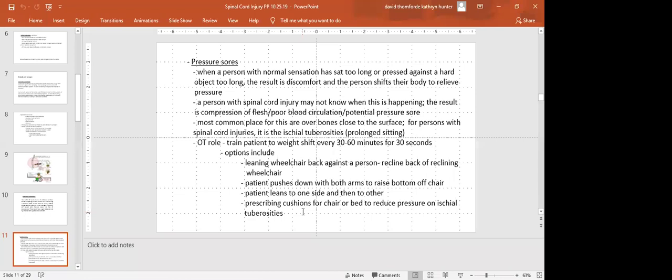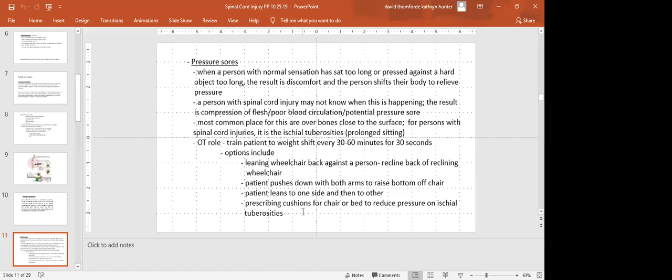But of course, you can get pressure sores on ankles where there is bone close to the surface, or on heels, the back of the head. There are other places you can get the same thing. So again, OTs mainly worry about pressure sores and ischial tuberosities on the buttocks because we have people sitting up, and that's when somebody may develop a pressure sore.